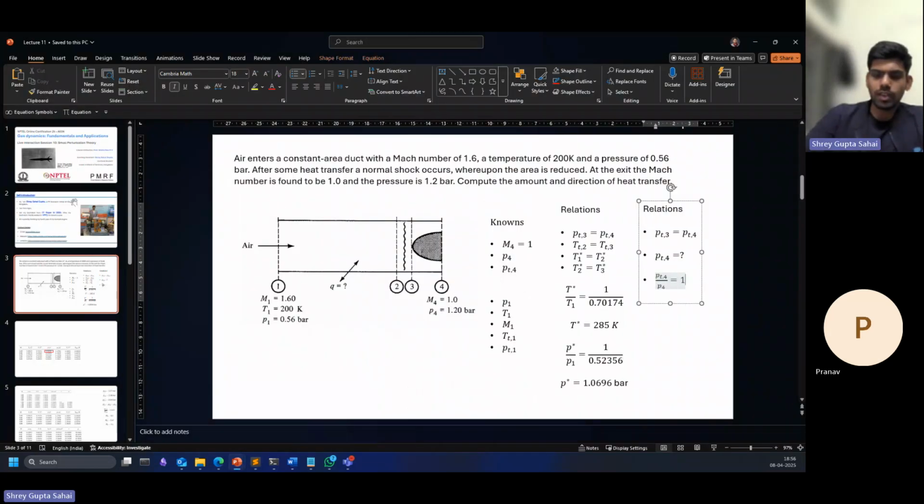So 1 divided by 0.5283. What is that value?